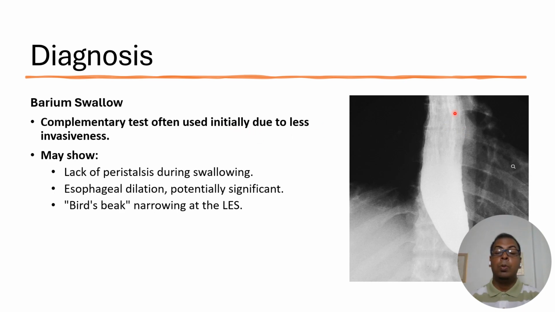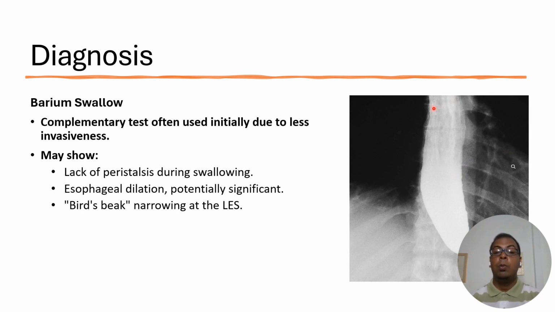So in a patient with achalasia, during that barium swallow, you might see lack of peristalsis during swallowing. You're going to see esophageal dilation, potentially significant, and you can see that in this X-ray here.